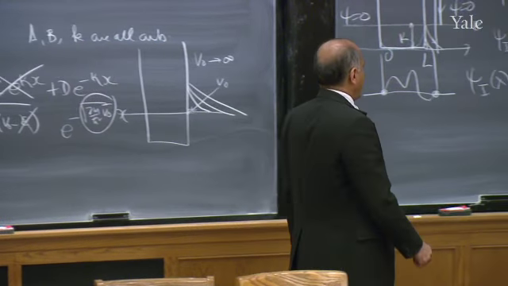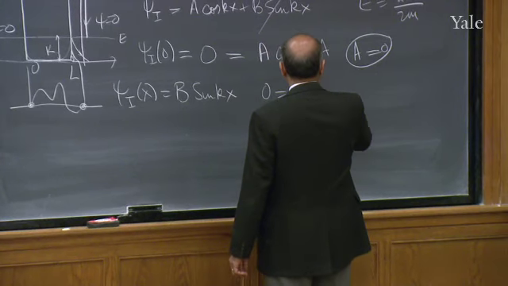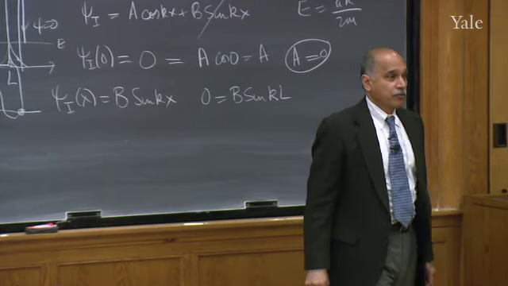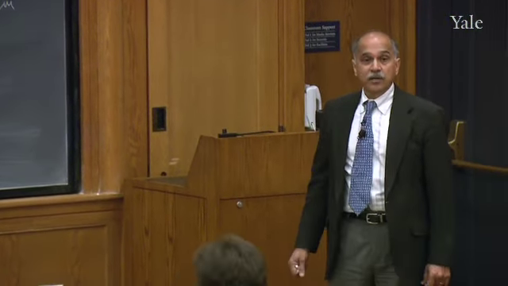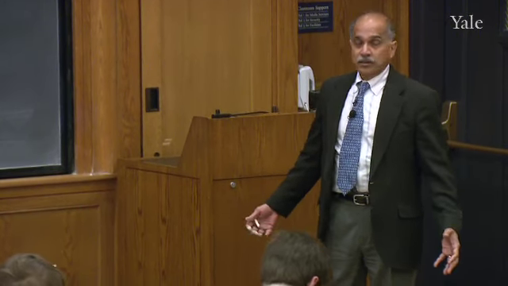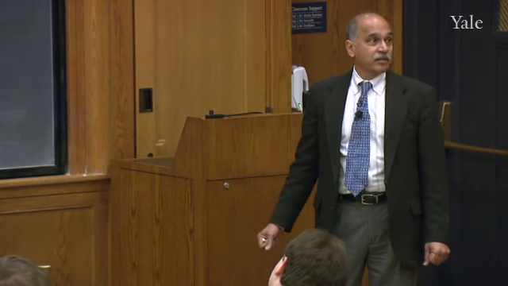Well, at x equal to L, what do I find? I want 0 to be equal to B sine kL. That should be 0. Now, one simple way to get that is to kill B. Say B equal to 0. But then you got no solution. You killed A and you killed B. Certainly true that psi equal to 0 is a solution to this equation, but it doesn't describe anything.